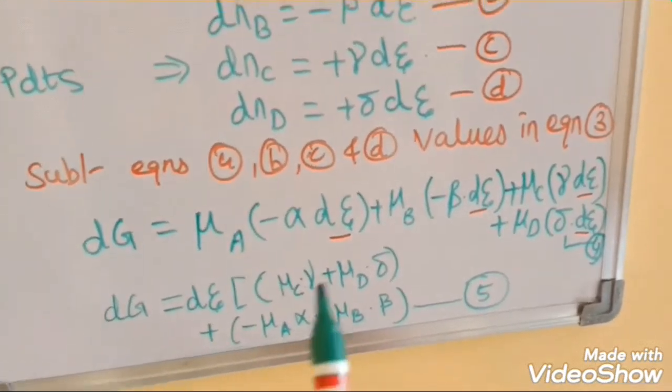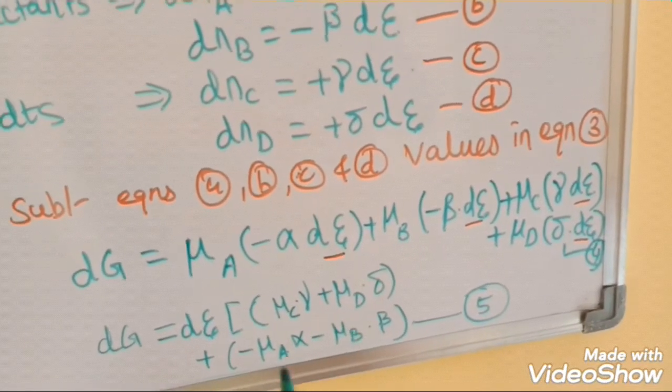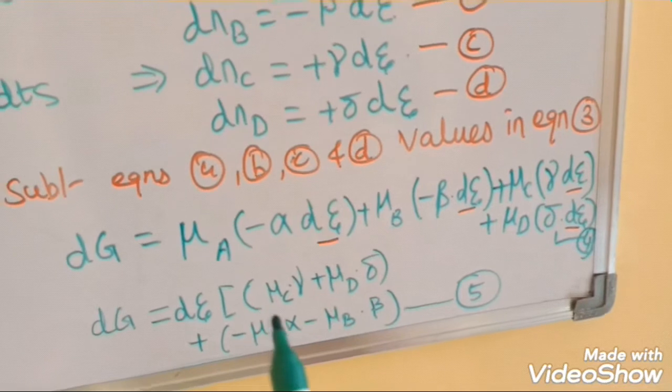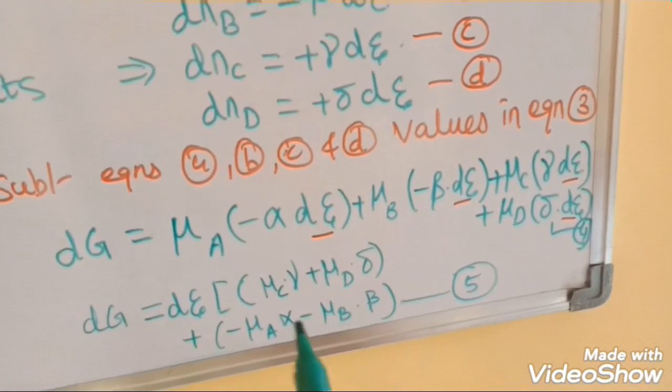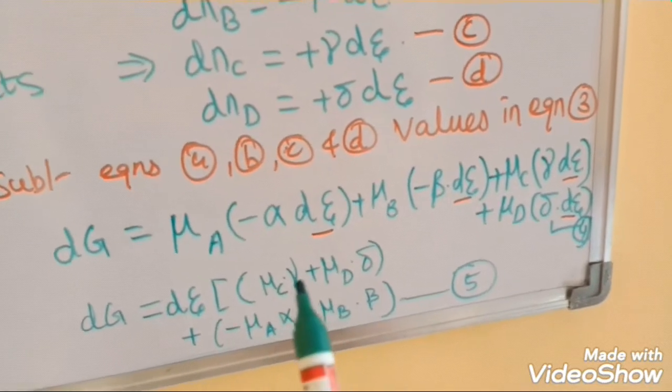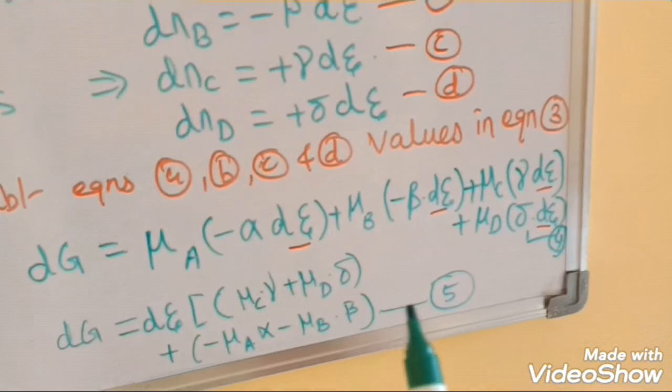Reactants should be written in subscript. Okay? Here we have written alpha into delta into, gamma into delta into alpha into b like this.